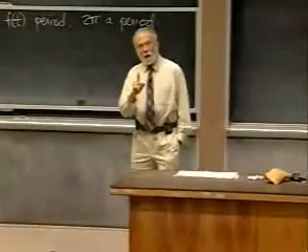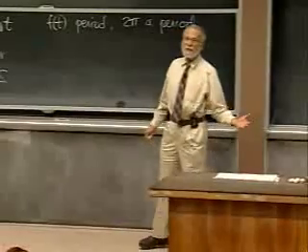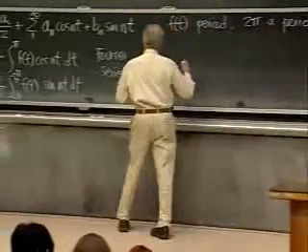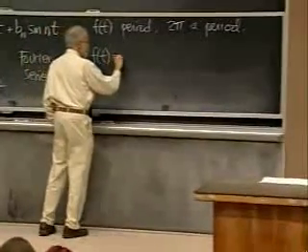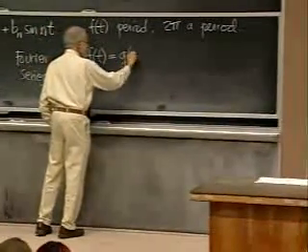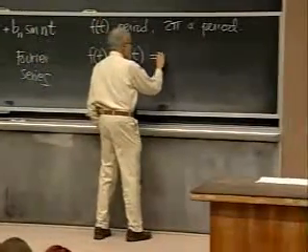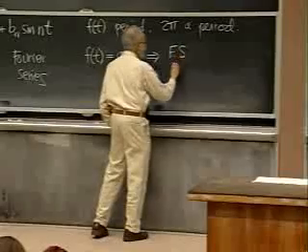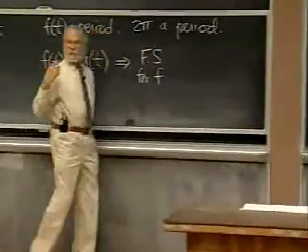Or to put it another way, a function cannot have two different Fourier series. Or to put it yet another way, if two functions are equal, you'll see why I write it in this rather peculiar form, then their Fourier series for f is the same as the Fourier series for g.